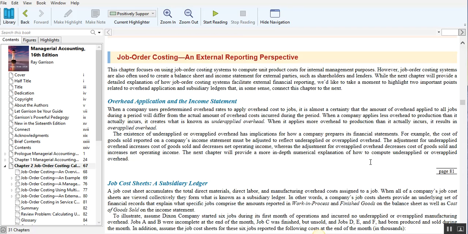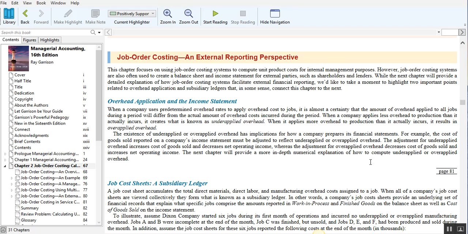When we look at the external reporting and job order costing, when we use these predetermined overhead rates, it's almost certain that we're going to have a different actual overhead cost compared to what we predetermined and projected and applied.